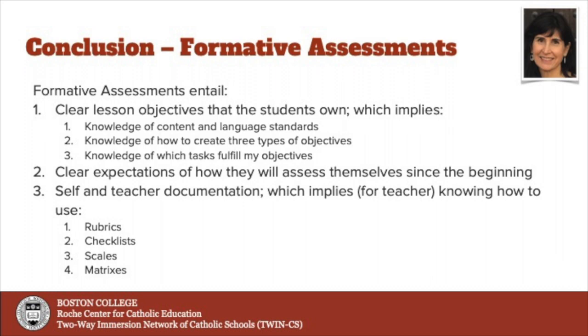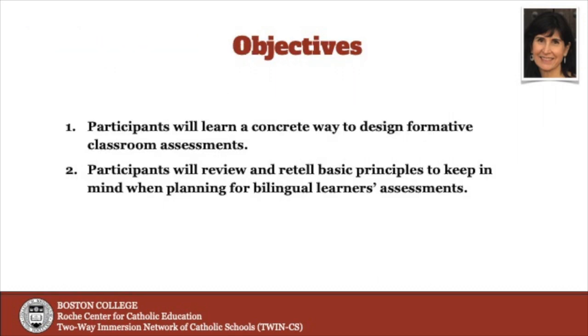Scales and matrices. A scale usually involves agree, disagree, little, too much, so two, three, or four options. And then matrices, the most common one in terms of language development is called the Student Oral Language Observation Matrix, and you can also find it online.